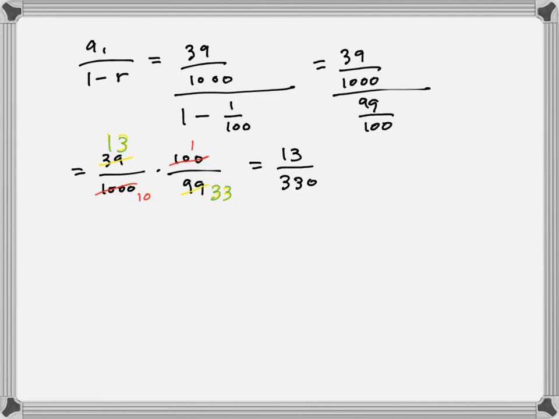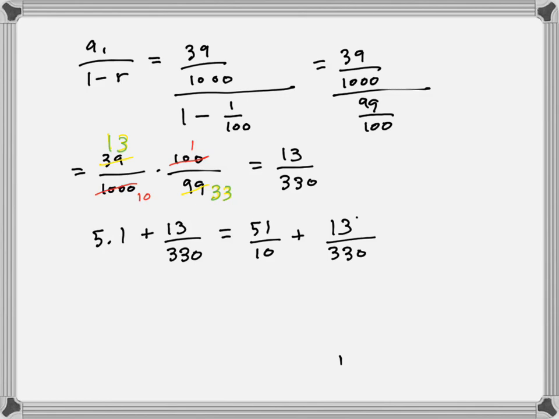Now, is that our answer? No, because remember, we took out a 5.1. Let's add 5.1 to 13 over 330. 5.1 is 5 1/10, or 51 over 10. So it's really 51 over 10 plus 13 over 330.